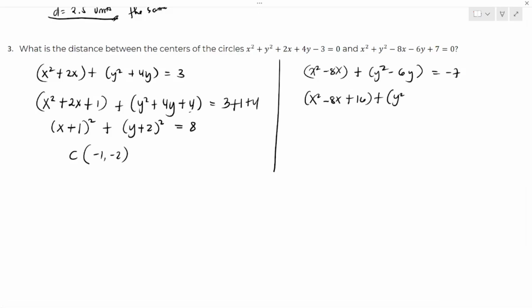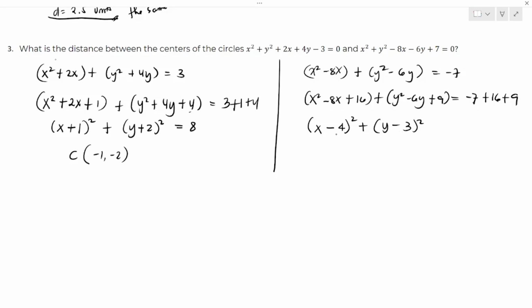Plus, ito, y squared minus 6y. Negative 6 divide 2, that is negative 3. Negative 3 square, that is positive 9. So, ito, negative 7, you add again, positive 16 and positive 9. So, ito, magiging equivalent to x minus 4 square, plus y minus 3 square.